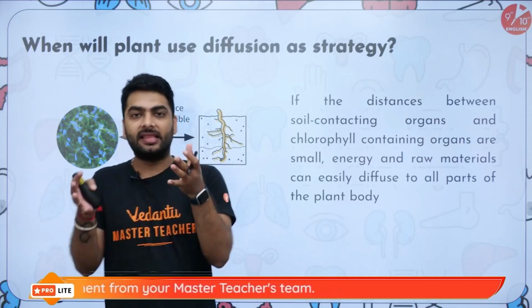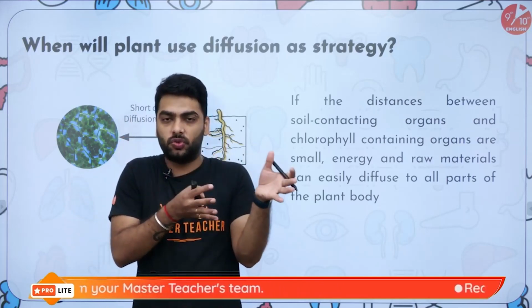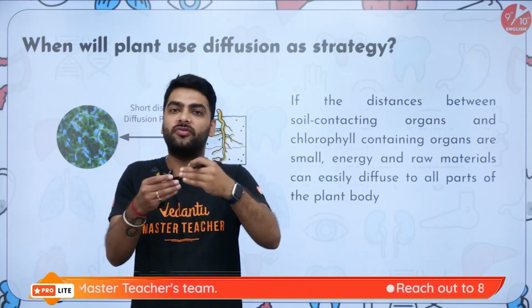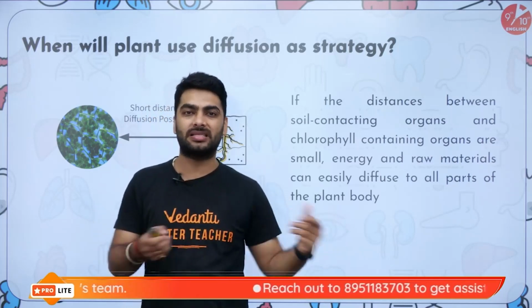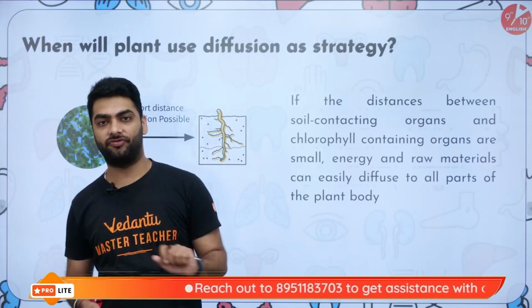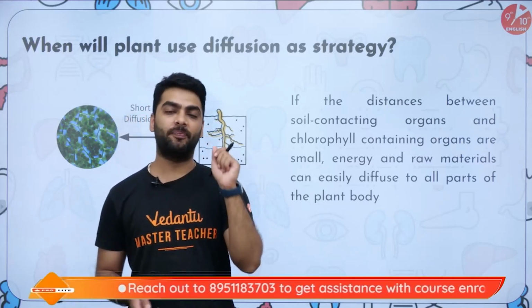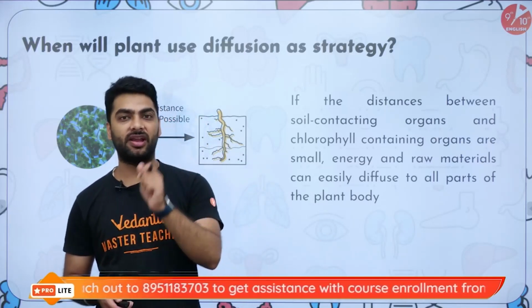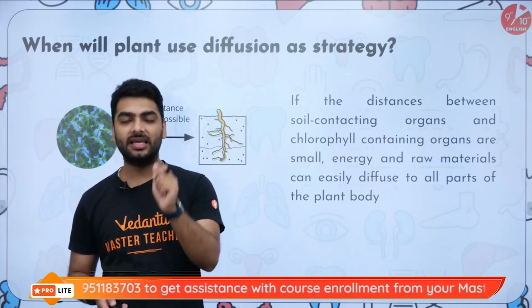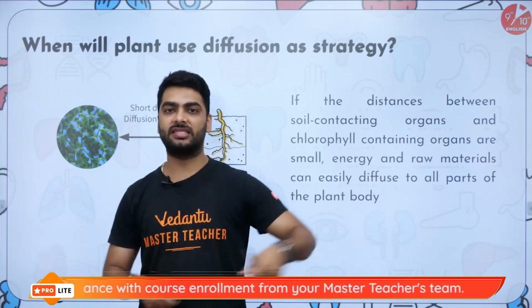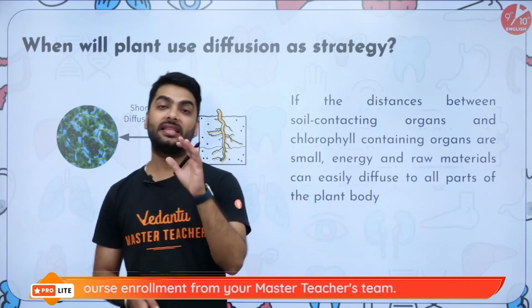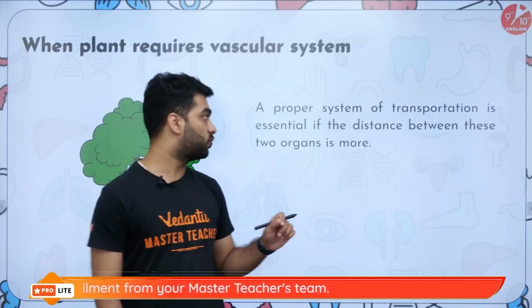Meaning that when the cells are very close to each other, when they just want to give it to the next cell and the next cell and the next cell, when they want to do this passing the parcel, they will use diffusion. So a very simple trick to remember when plants use diffusion is passing the parcel. Whenever they are doing passing the parcel from one cell to the next, that is when they practice diffusion.